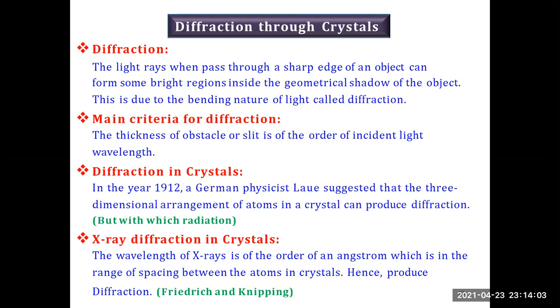Until now we studied the previous information regarding diffraction from the lower classes, the intermediate. From the intermediate, a student should know the meaning of diffraction and diffraction in the crystal. Now onwards, we'll move on to our main topic.